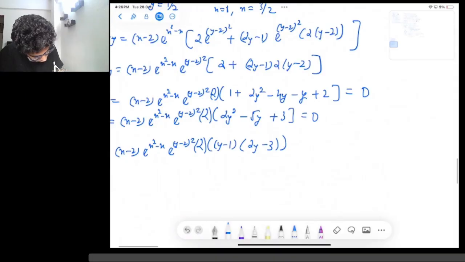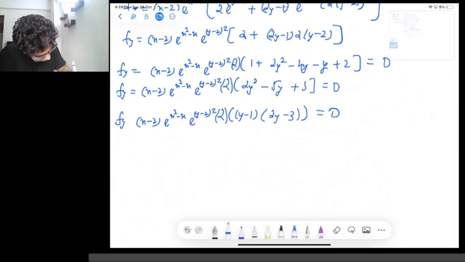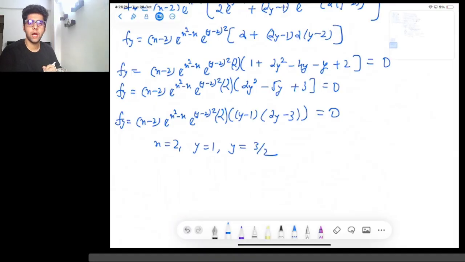So this gives me equal to 0, so f of y equal to 0, so this gives me x is equal to 1, x is equal to 3 by 2, y is equal to 1, y is equal to 3 by 2, right?